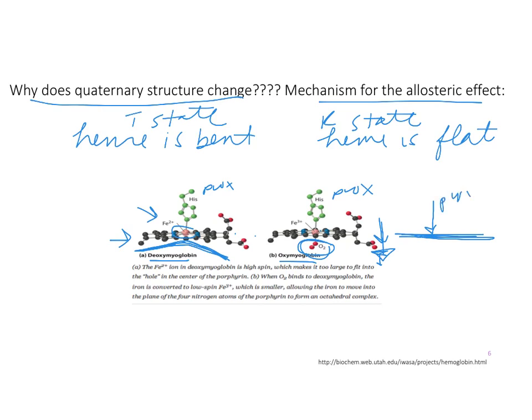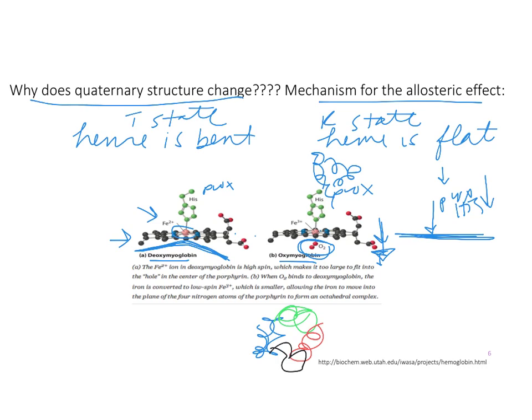Now the proximal histidine is attached to the iron, so that slides down. And the histidine is attached to an alpha helix. So the alpha helices slide down, and the alpha helix is attached to the rest of the protein. So the rest of the protein slides, and what ends up happening is you've got these globins. There's 1 subunit, there's 2, 3, and 4.